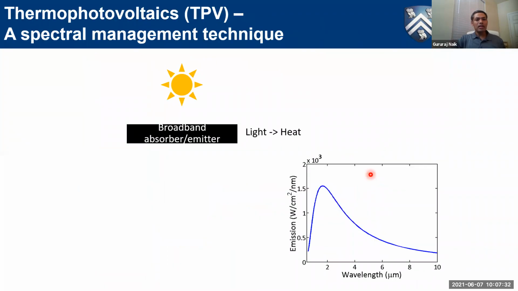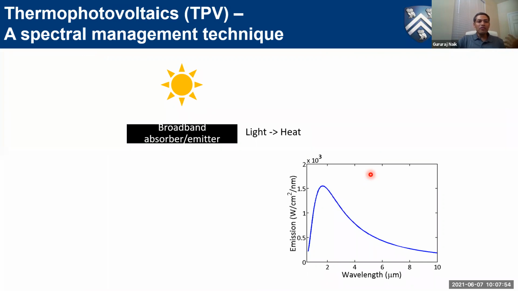Okay, so let's think about a different way of doing it. Instead of thinking of photovoltaics, what if we think of thermophotovoltaics? Thermophotovoltaics is just going through an intermediate step of heat. So in this case, let's say we have the same sunlight, which is all different energies of photons. And then now I put a black body in front of it.